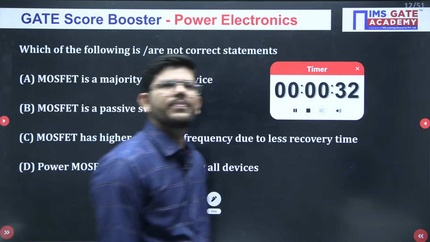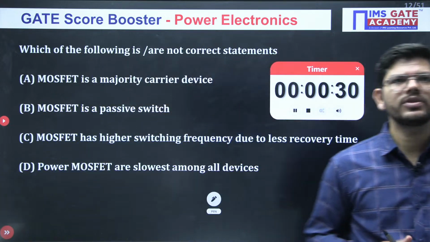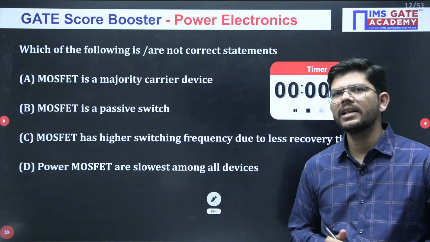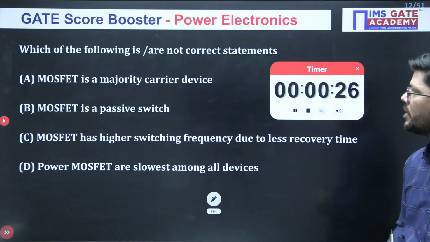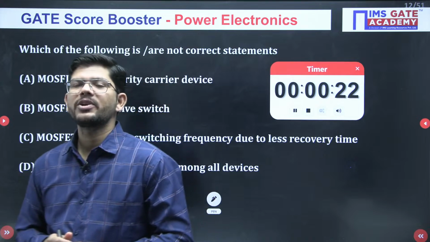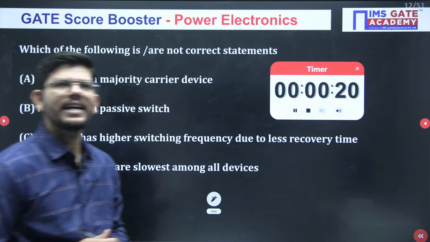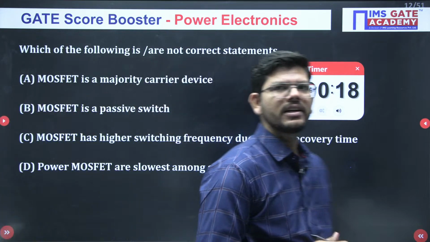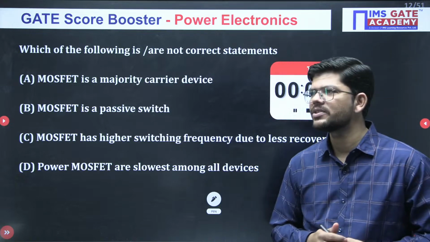Last 30 seconds we have. Is anybody giving an answer other than B and D as the wrong options? You have to find which of these are not correct. You don't have to find the correct option, the not correct option.